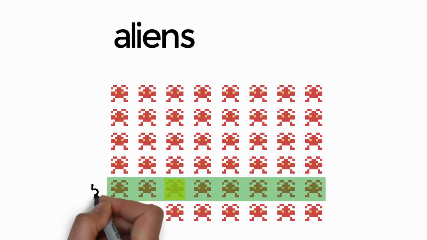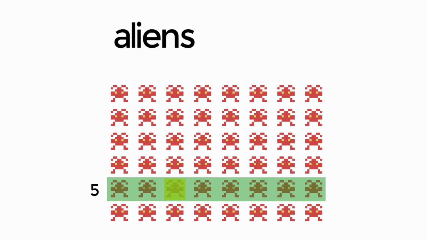And as each element in our aliens array represents a row, we must be looking at element 5 of our aliens variable. So aliens square bracket 5 will give us the 5th element in our aliens array, which will be the row that we're looking for.